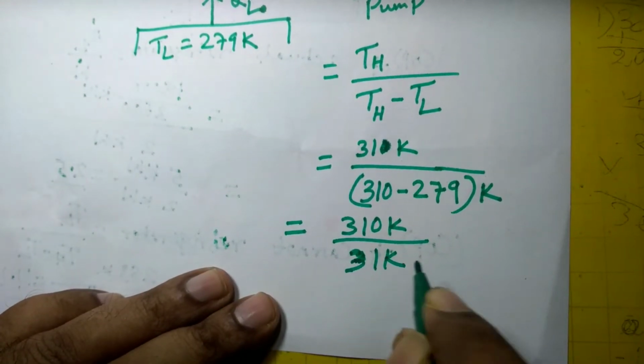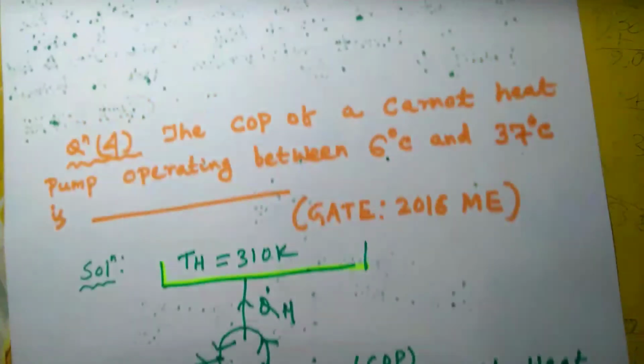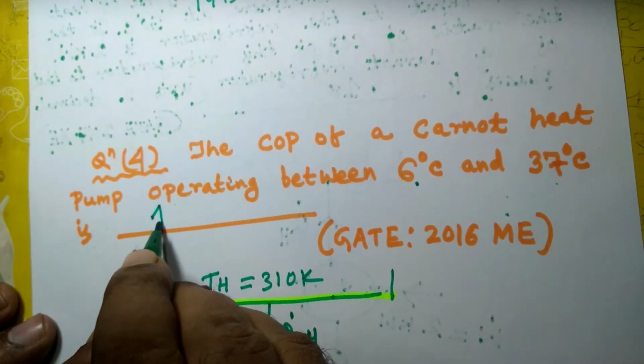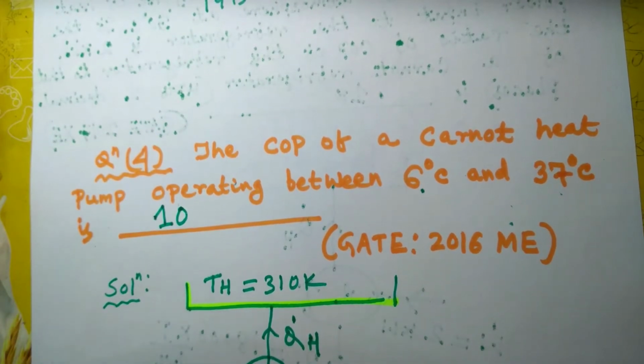This is equal to 10. So the answer will be 10. The COP of the Carnot heat pump will be 10.